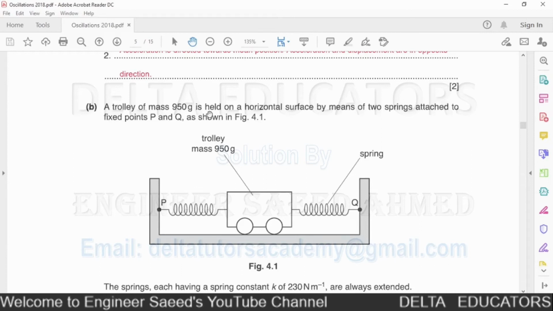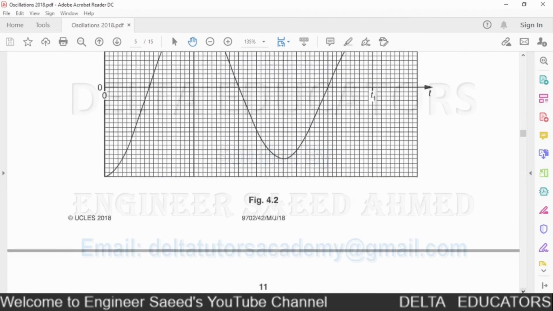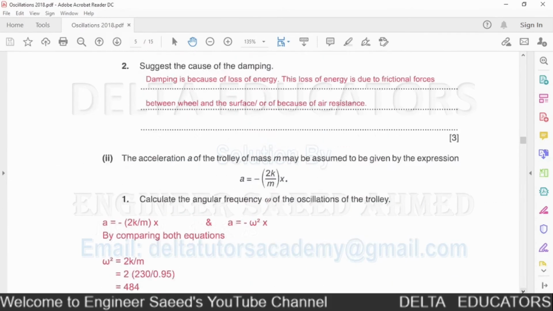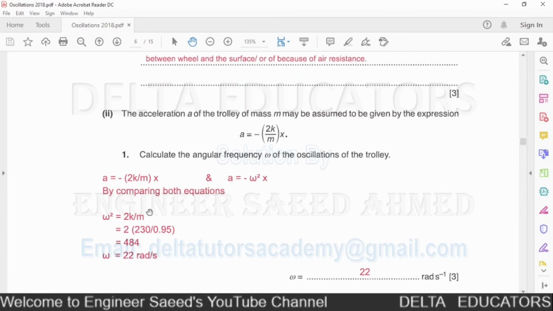So the value of mass is 0.95 kilogram and the value of k is 230 newtons per meter. By solving this, we get ω² equal to 484. Now by taking square roots on both sides, we get angular velocity ω equal to 22 radians per second.